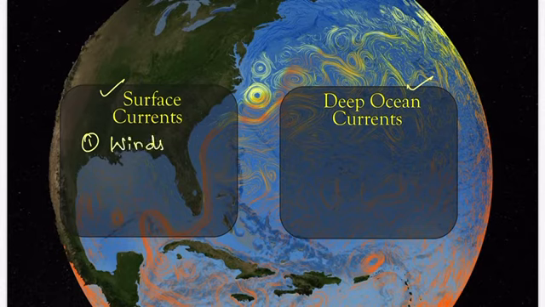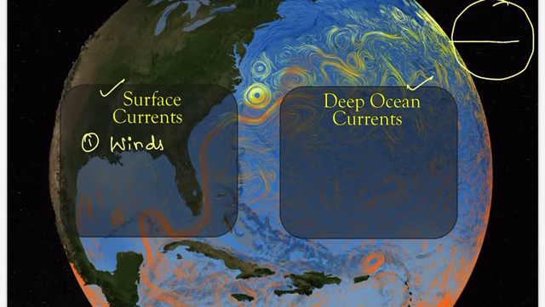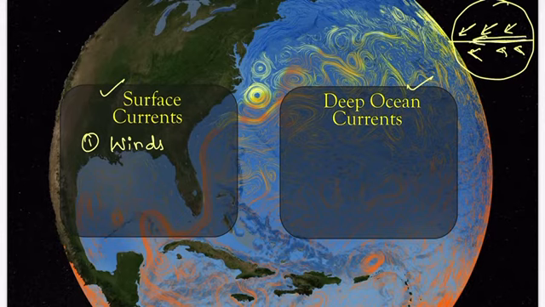For example, this is Earth, this is the equator, these are the trade winds. Because of these trade winds, the water is pushed towards this direction, and this is what we call the equatorial current.